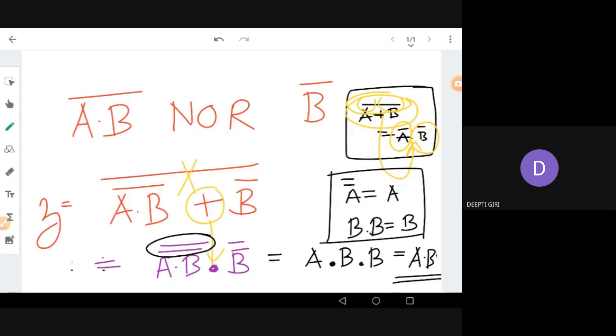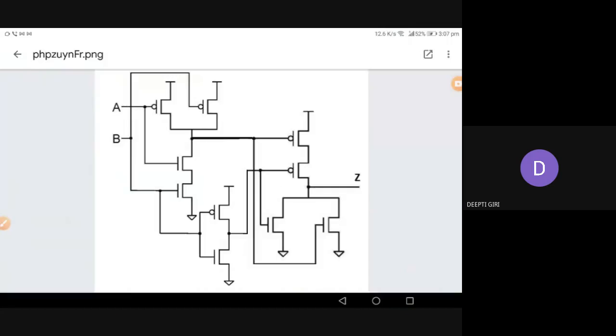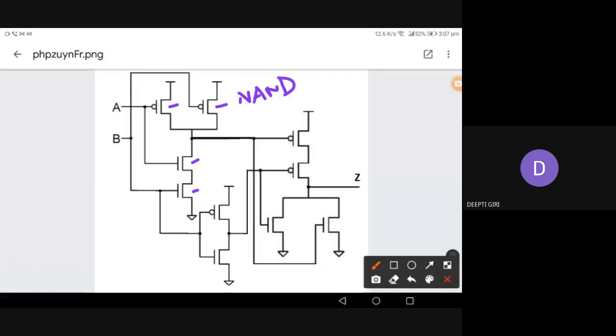Okay, so again, I will just tell you how I came across the answer. Starting, I've seen these two PMOSes connected in parallel and two NMOSes connected in series. So this is a NAND circuit, and this is a NOT circuit, and this is a NOR circuit, right?